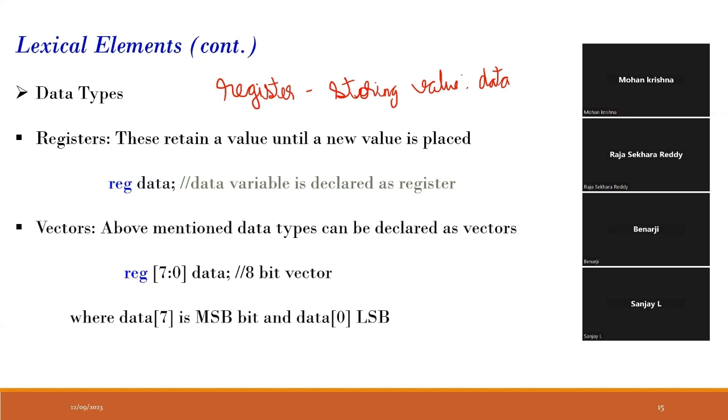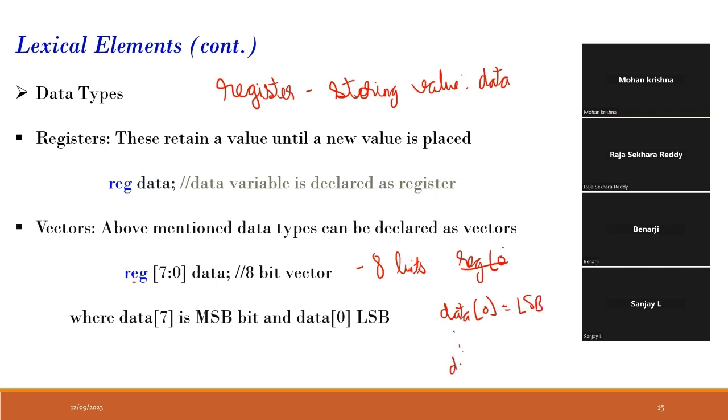It can be declared as a scalar or a vector. So here reg [7:0] data means the variable name is data. It consists of 8 bits. Data 0 will be its LSB.